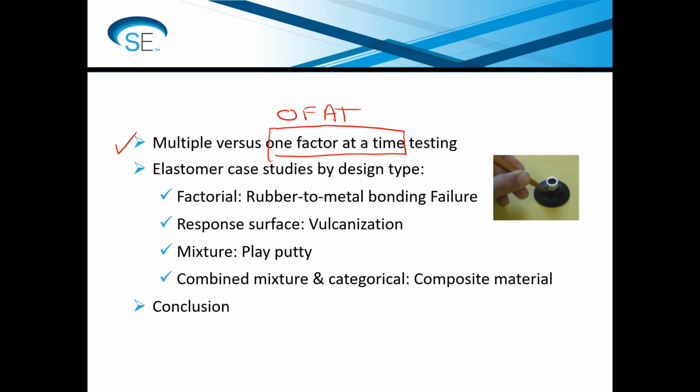I'll be illustrating that for the elastomer type applications with a number of different case studies that cover basic aspects of design of experiments, including factorial design for screening and characterization, response surface methods for optimization, and then particular tools for mixture where you can optimize formulations. And then finally, combining mixture and categorical, you can also combine in process factors and do all sorts of combination designs.